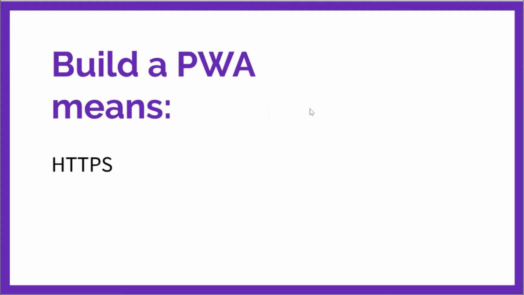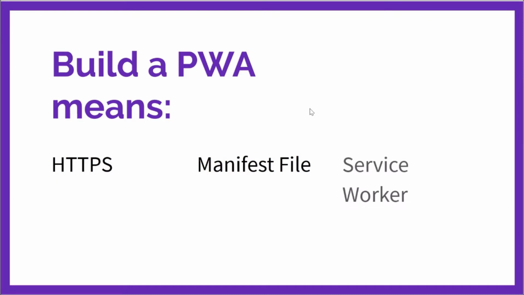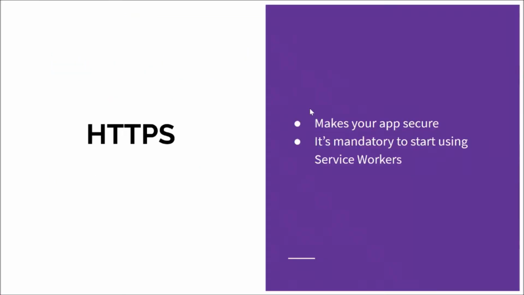And let's go back to where we were before, right? So what does it mean to build a PWA? Okay, it means to have HTTPS, a manifest file, and a service worker, right? We were talking about how HTTPS is necessary to build a secure app.